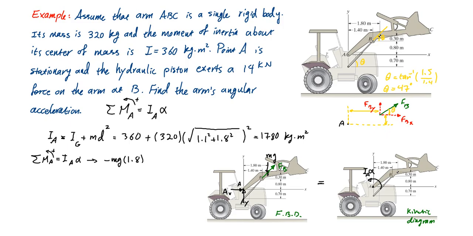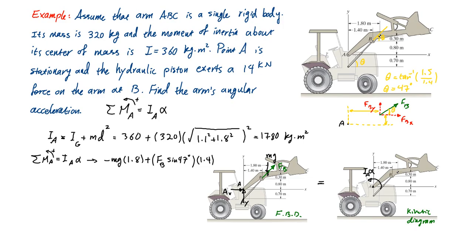Now that I have theta, I can find the components of FB in the X and Y directions and multiply them by the distance they have from point A. So let's do that. Let's go with the Y direction. The positive component in the Y direction would be FB sine 47 degrees times the distance, which would be 1.4.